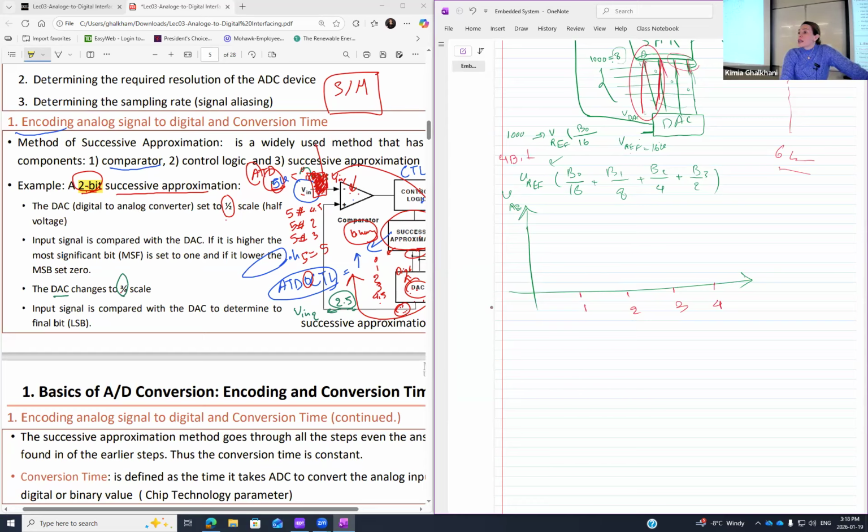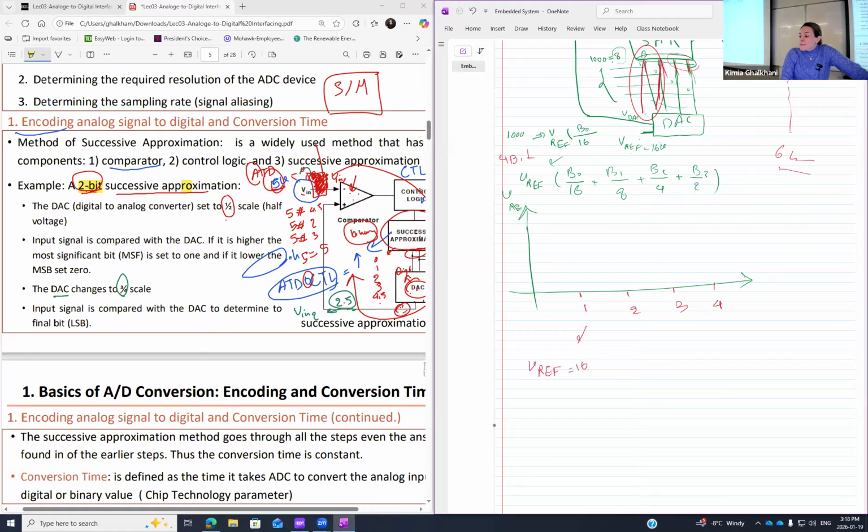And again, I always tell you, what is your successive approximation bit number? So if I have 4 bits, for the first one, what was my reference? My VREF was 16.